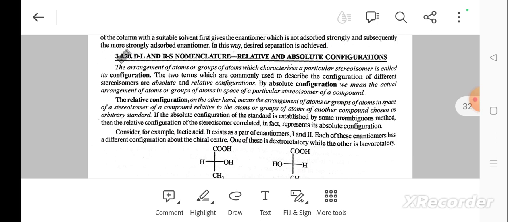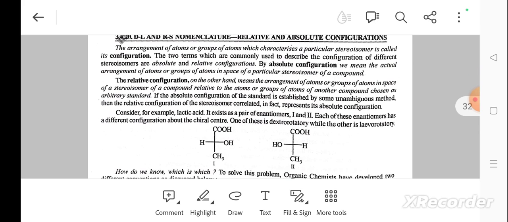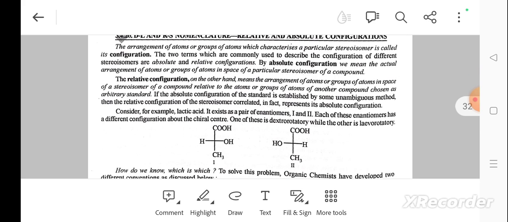D, L, and R, S nomenclature related to absolute configuration. The arrangement of the atoms or groups of atoms which characterizes a particular stereoisomer is called configuration. Two terms commonly used to describe the configuration of stereoisomers are absolute and relative configuration. By absolute configuration, we mean the actual arrangement of atoms or groups in space of a particular stereoisomer of a compound.